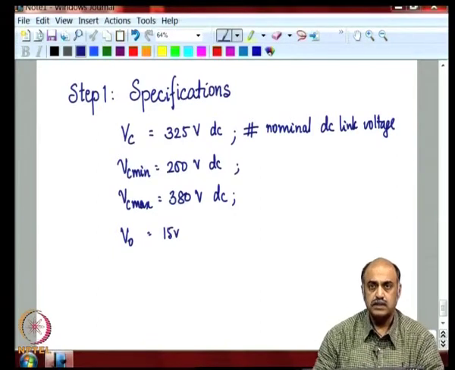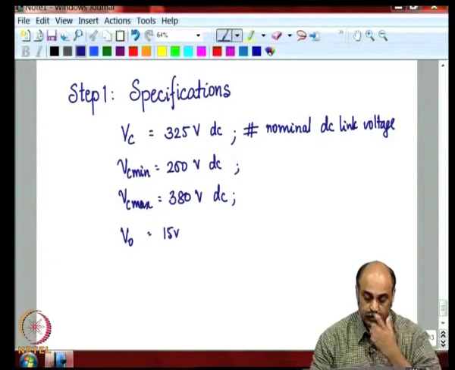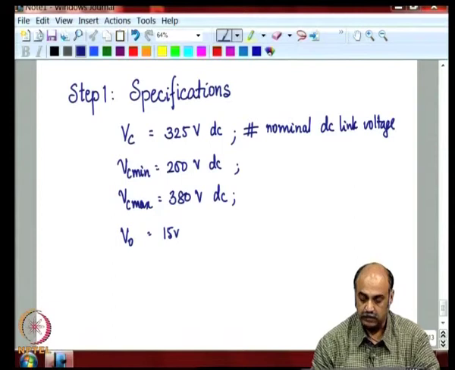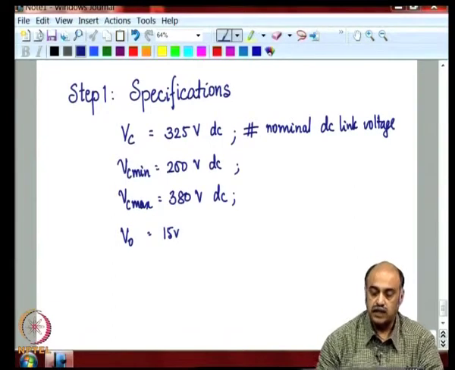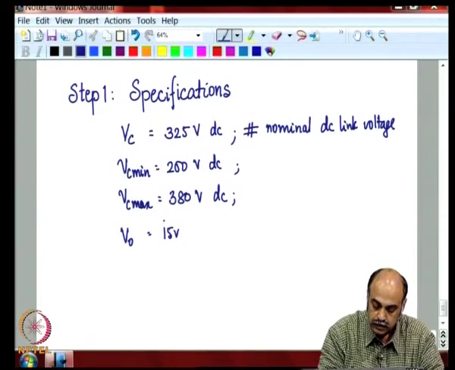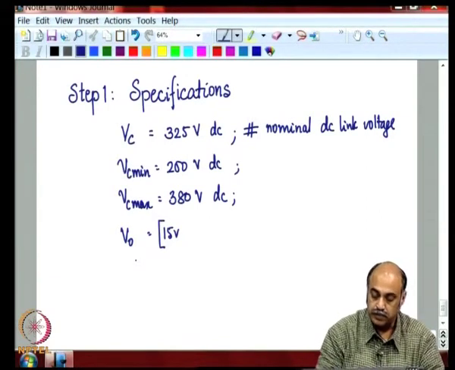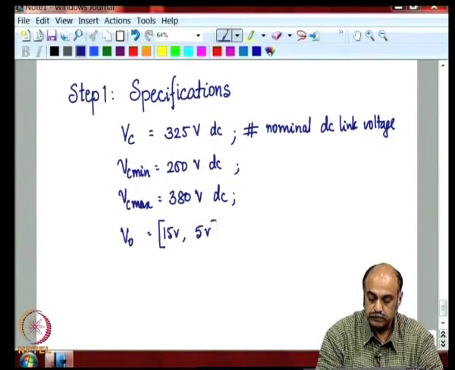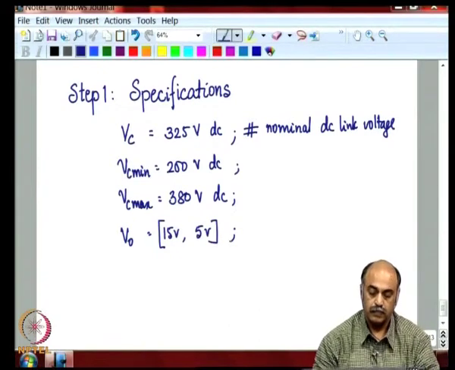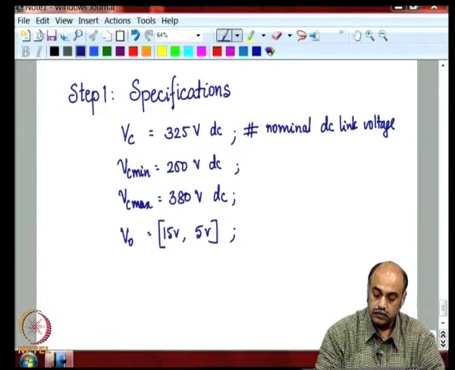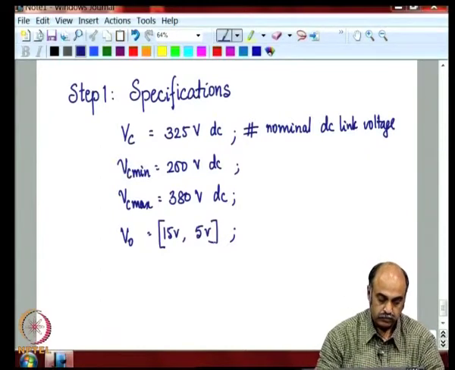Now, if it was just one single winding transformer, we would have put V naught one single scalar value, but if it is a multiple winding transformer, it is better to use vector values, and let us say we need plus 15 volts, and then you also need 5 volts. Use it as vector.